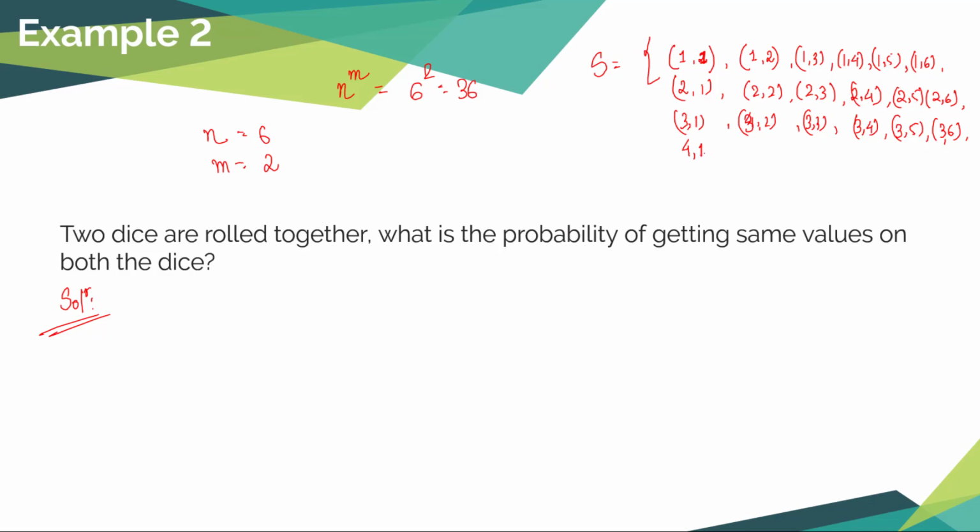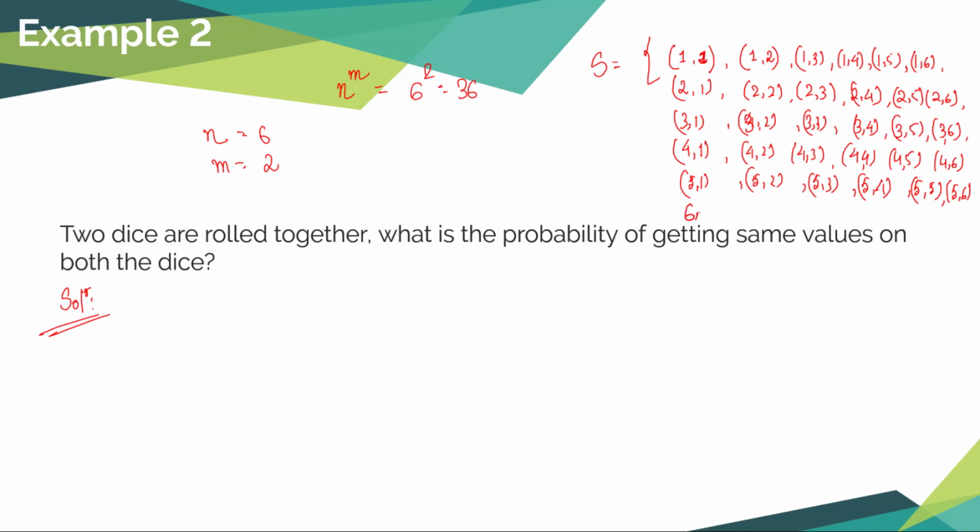Next we will keep 4 constant, (4,1), (4,2), (4,3), (4,4), (4,5) and (4,6). Next (5,1), (5,2), (5,3), (5,4), (5,5) and (5,6).